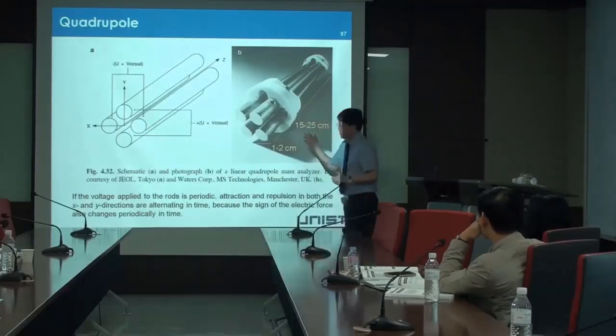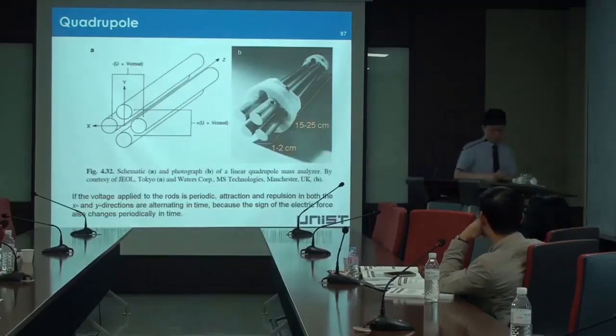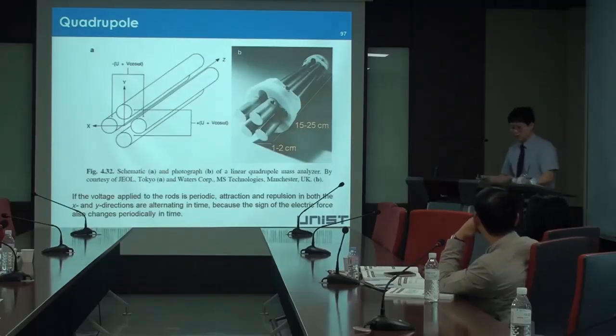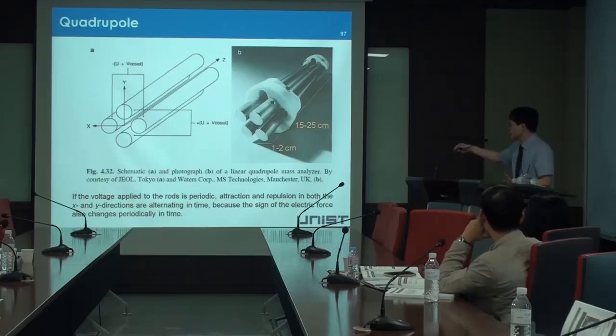And using some electric conditions, only our target ion can pass through and enter into the detector, but other ions are ejected to the outside of this particle.